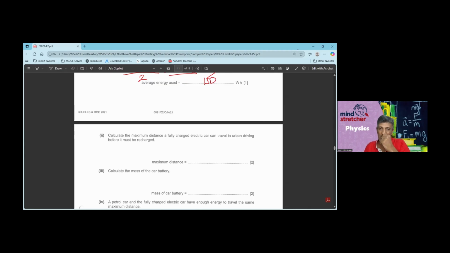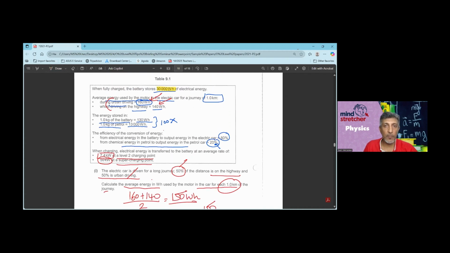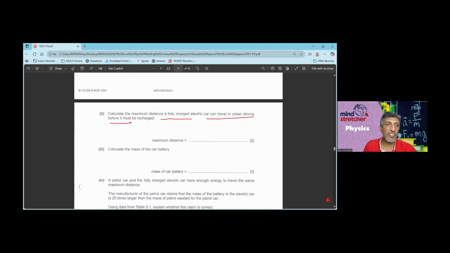Now, calculate the maximum distance a fully charged electric car can travel in urban driving. Okay, so fully charged means got how much? Go back to this. Fully charged, 30,000. Urban driving is how much? 160. What's the maximum distance?